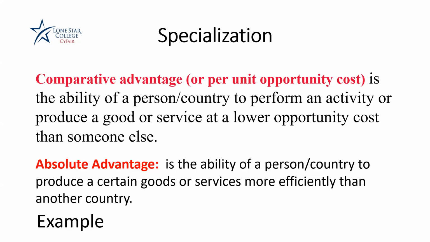Whoever has lower opportunity cost in producing, let's say, coffee between country A and country B has comparative advantage in growing coffee, okay. Makes sense? But absolute advantage is all about who can produce more of most of the goods and services. It is not about opportunity cost. It's all about which producer or which country is able to produce more goods and services compared to others.